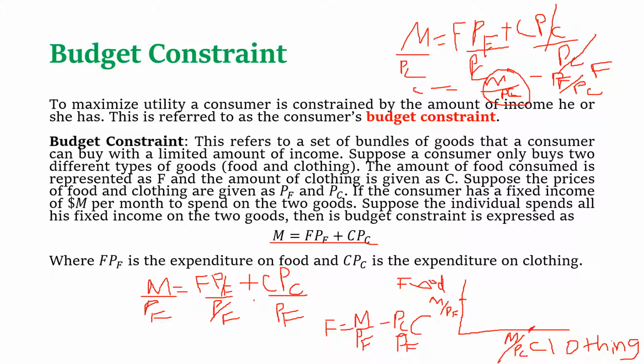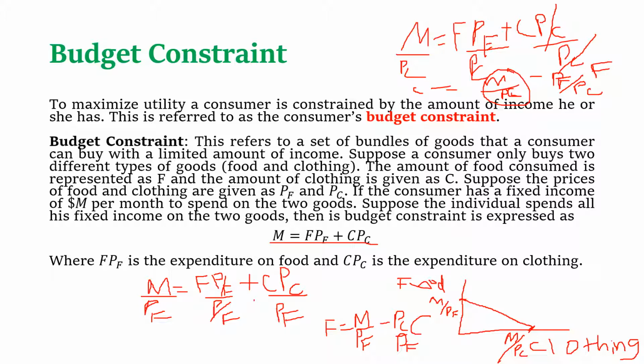Then we join these two lines like this. And now we have the budget line, right? So what is now the slope? The slope is PC over PF or PF over PC. In other words, it is the ratio of the prices of the two goods.